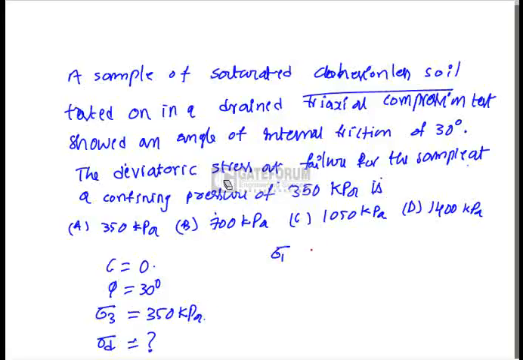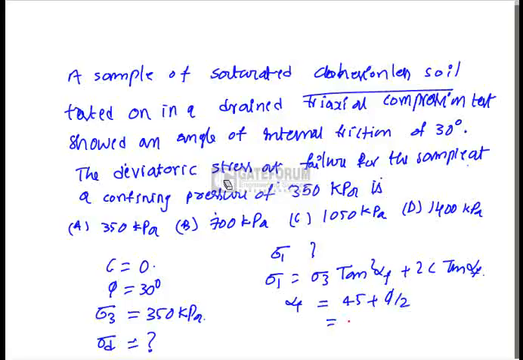What is the relationship between sigma 1 and sigma 3? Sigma 1 is equal to sigma 3 tan square alpha f plus 2c tan alpha f, where alpha f is equal to 45 plus phi by 2, that is equal to 45 plus 15, that is equal to 60 degrees.